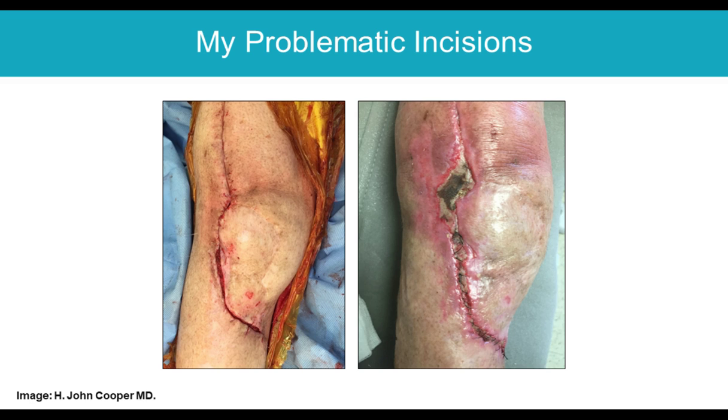And it was this case that I took care of in 2014 that really stuck out in my mind, because we went from something that was so successful in the image on your left to something that we amputated about a month later. And I couldn't help but think that if we had gotten that incision to heal reliably, leaving the operating room, he would not have been in the same position.